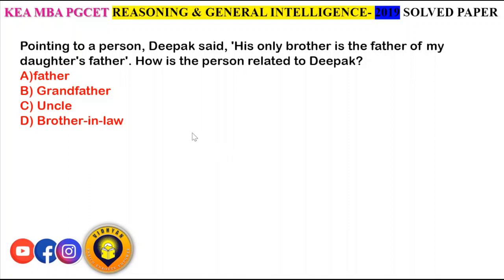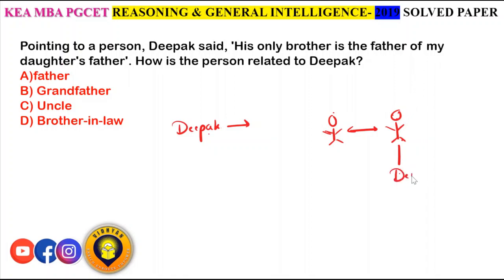So Deepak is pointing to this person and telling that his only brother, that means this person has one brother, is the father of my daughter's father. Generally, if you say my daughter's father, what does it mean? Suppose if I am saying it, it means myself, right? So his only brother is the father of my daughter's father.